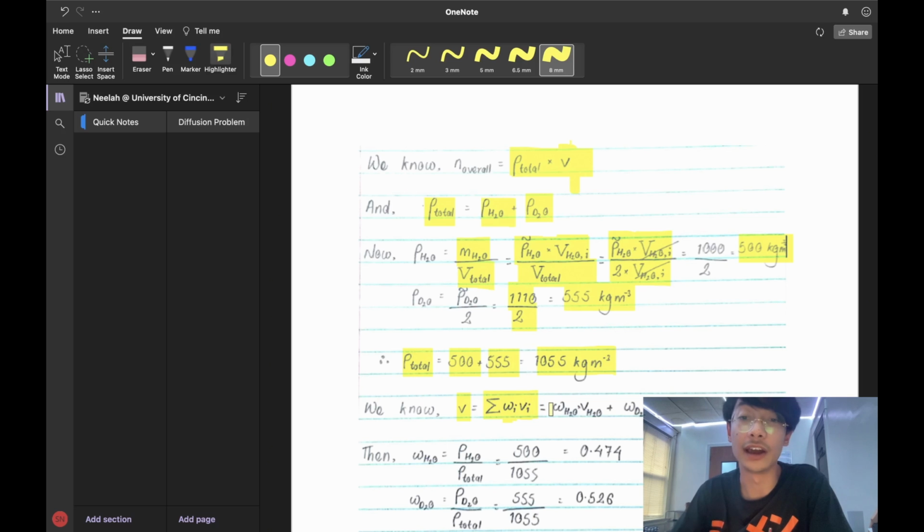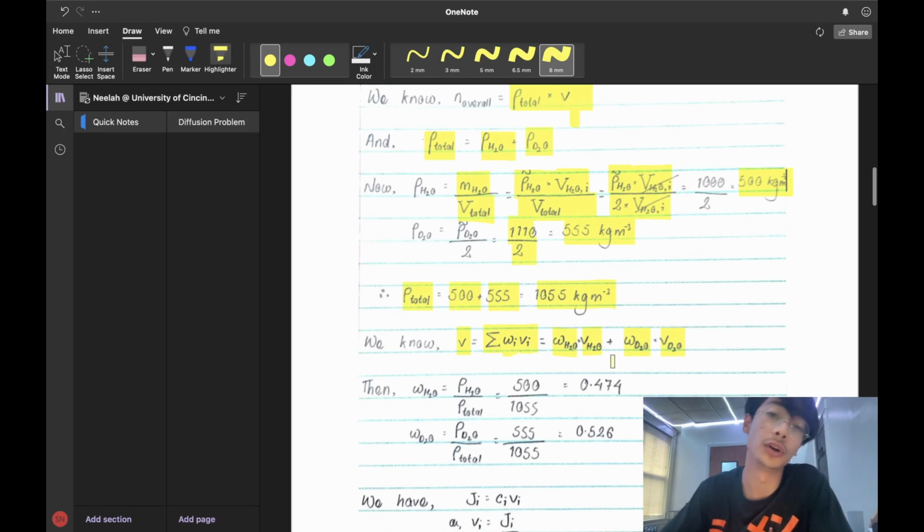So in our situation, we only have 2 components, so that would simply be equal to the mass fraction of water times the mass average velocity of water plus the mass fraction of D2O times the mass average velocity of D2O.